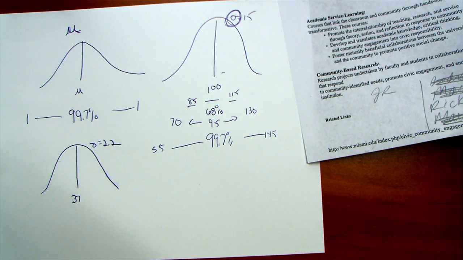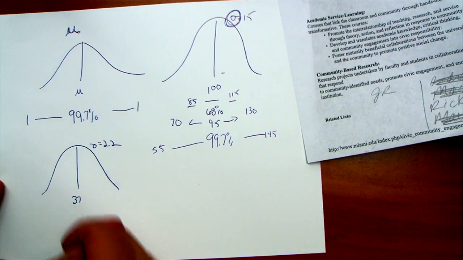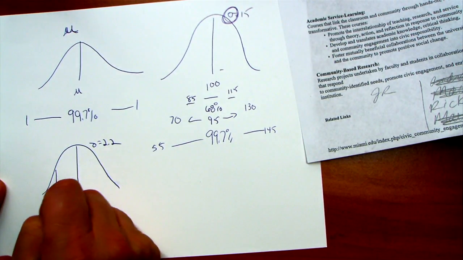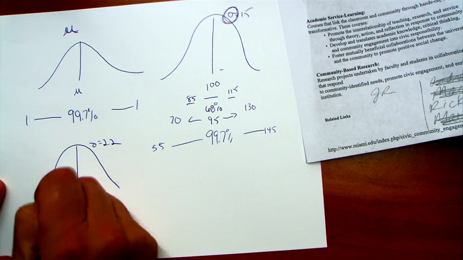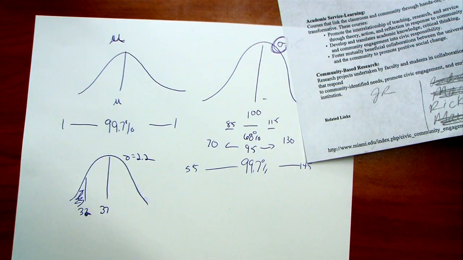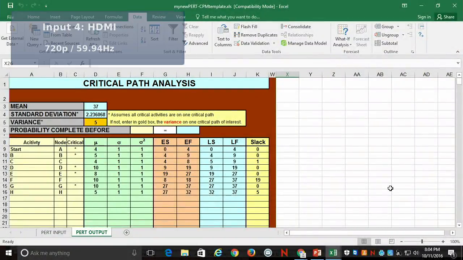What's the odds it's going to be done in under 37 days? 50%. So if my boss says to me, what's the odds it's going to be done in under 32 days? I can say, well, pretty unlikely. Okay, and actually, we don't have to figure that out. There's an equation to do so, but that's also built into the template.